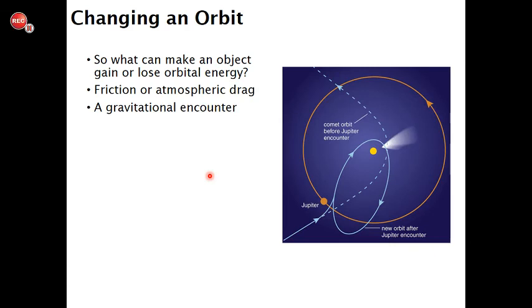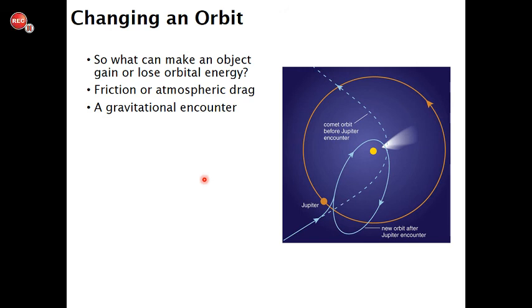If you want to change an orbit, let's say we send an object like a comet towards a planet. It might be on one type of orbit, but the outside force, the planet, is there to create a gravitational encounter and put it on a new orbit. There's some other things too, like when we orbit satellites, we think that there's no air, but the atmosphere goes up considerably.